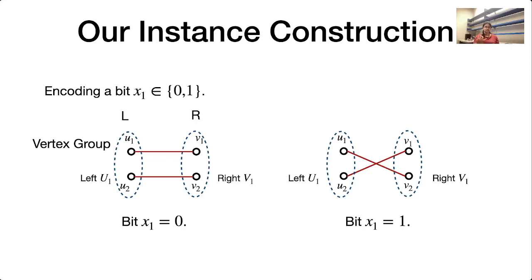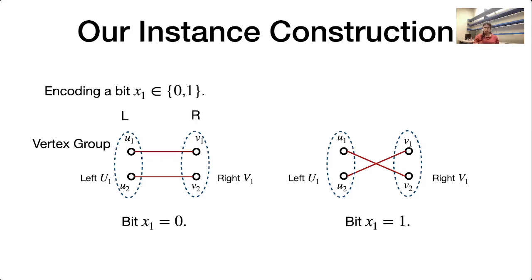So for the gadget construction, we're going to need to encode one bit using a group of 4 vertices. We have vertex group left, which has 2 vertices, and right, which has 2 vertices again. And if this bit is 0, we're going to connect U1, the first vertex of the left group, directly to V1, the first vertex of the right group, and again U2 directly to V2.